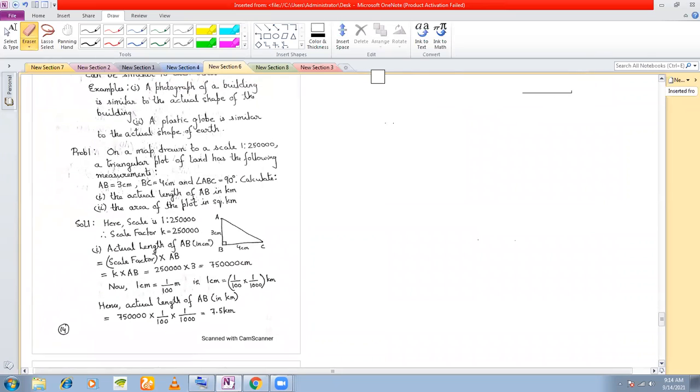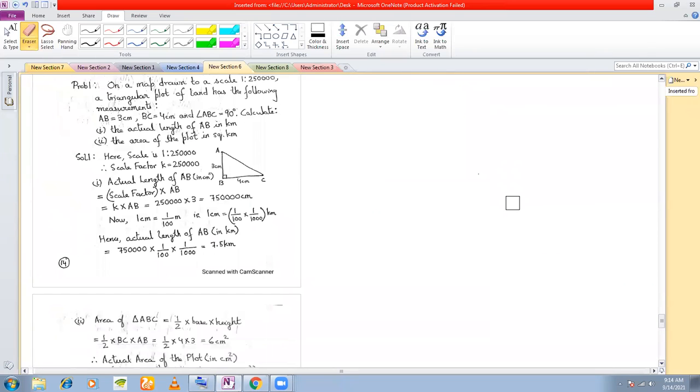Look at this question. On a map drawn to scale 1 is to 2 lakh 50,000. So what is the scale given here? Scale given here is 1 is to 2 lakh 50,000. On a map drawn to scale 1 is to 2 lakh 50,000, a triangular plot of land has the following measurements.